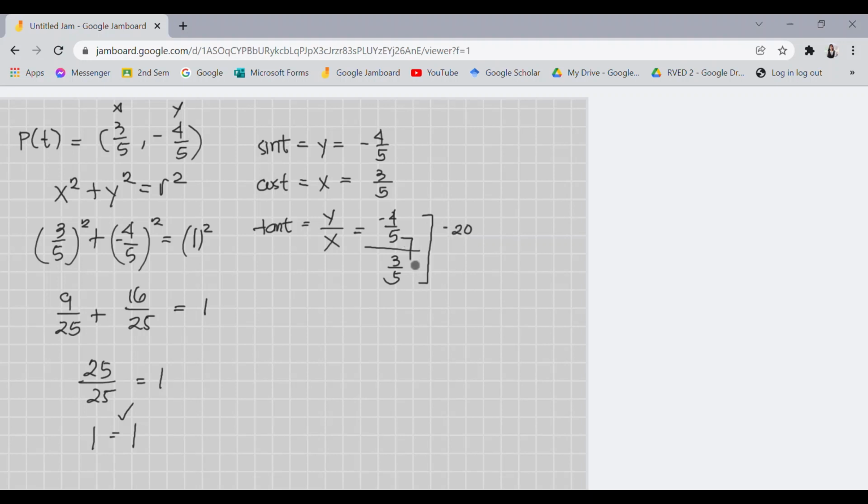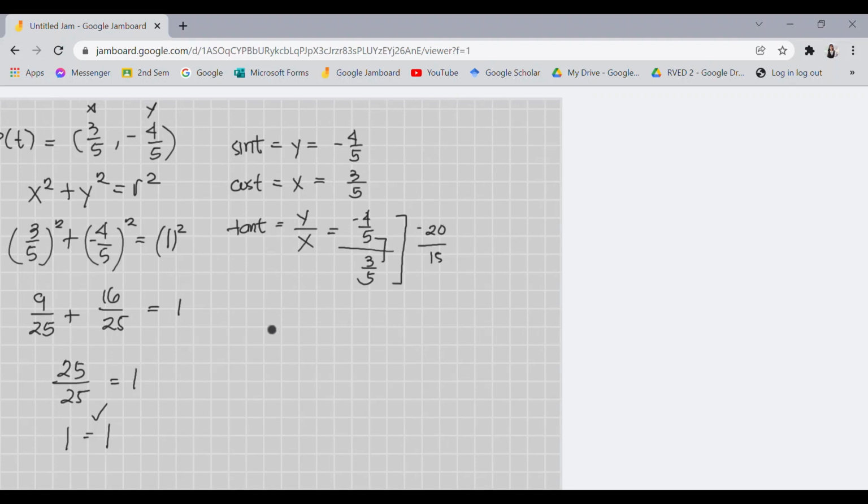And then inner, we have 5 times 3 is 15. So tangent t is equal to negative 4 over 3, the lowest term of negative 20 over 15. So, tangent t is equal to negative 4 over 3.